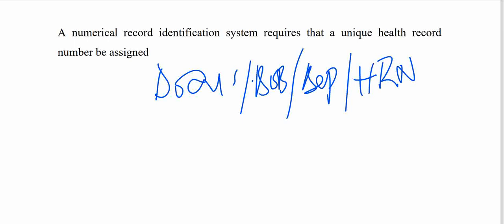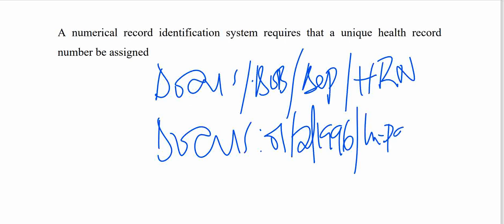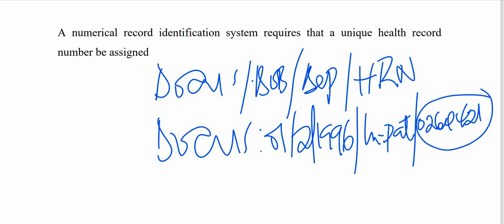So which means Dorcas will have the date of birth, right? Then department, inpatient, and then health record number 0264141. Get that?